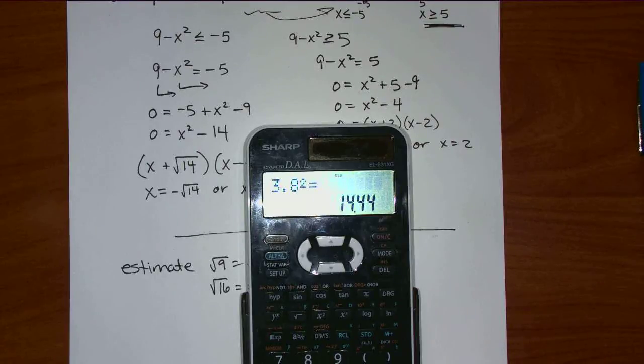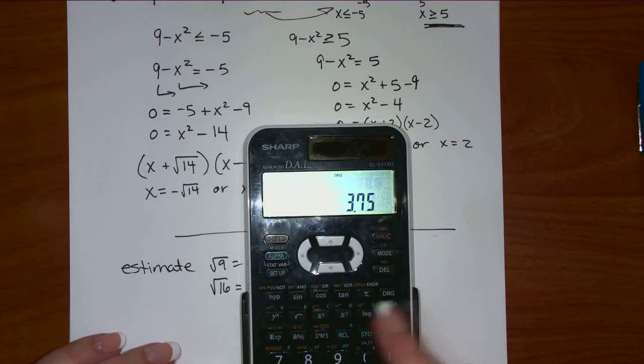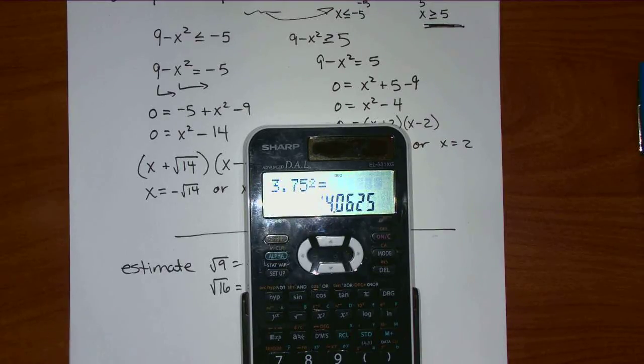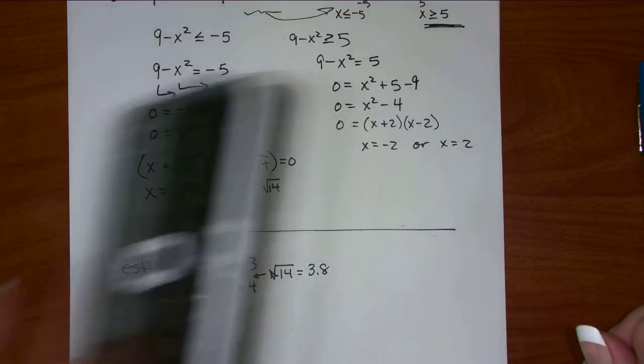So if I tried 3.7, too small. So 3.7 was too small, 3.8 is too big. Yeah, 3.75. 14.0, really close, right? That's what you would do, getting closer and closer so that she had two decimals that worked close, which would be the answer for that one.